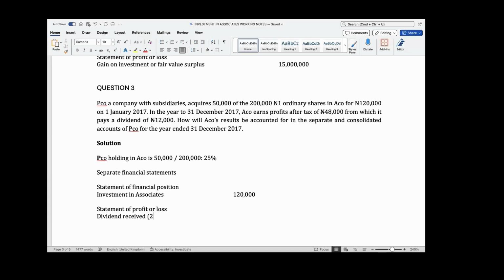That would be 25% times what? The associate paid out a dividend of 12,000, but we will receive just 25% of it. That's 12 divided by 4. That's 3,000. So that's in the separate financial statements.